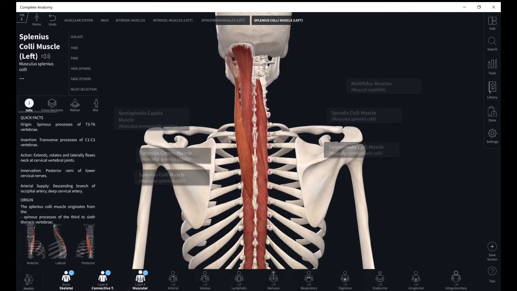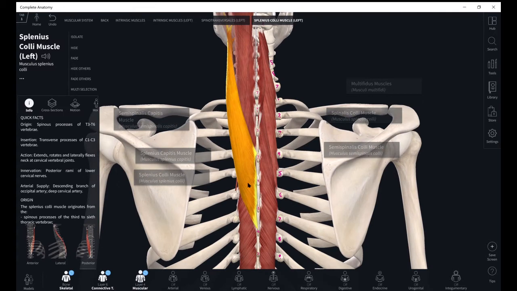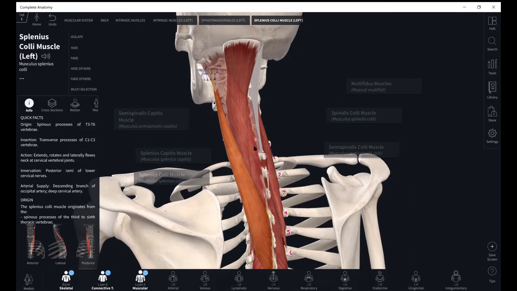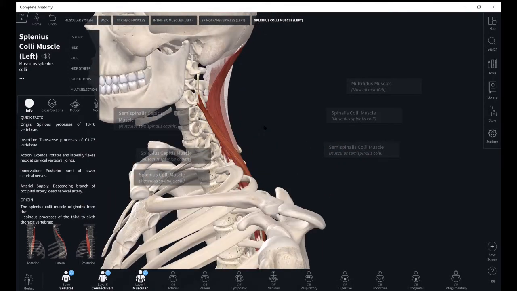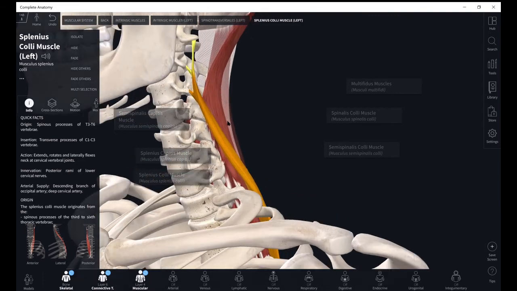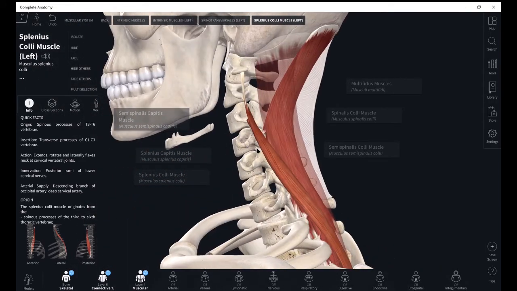Then we will look at the splenius cervicis. This is one where, if we want to effectively needle this, especially in this session, we're going to need to come down fairly low. So we'll select here the spinous process of T4, so we know we get all those muscle fibers. Now, we're also going to catch multifidus when we needle here, perfectly fine. But to really catch the body of this muscle, we need to be down low. If we look at the actual attachment or insertion, it's a rather high area where we have quite a few important structures.